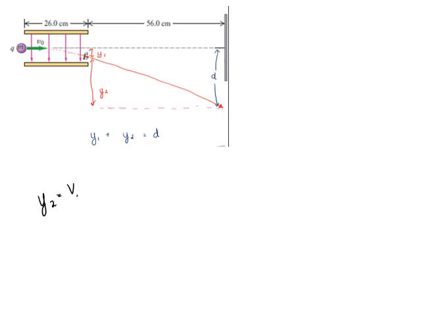Let's use a similar strategy now to find our y2. y2 equals v0y2, so our initial component of y velocity when it's in the second region, times t2 plus 1/2 times a2 times t2 squared. Right off the bat, a2 is equal to 0. We're told there's no field outside the capacitor, and we're also told to ignore gravity. That makes this entire term 0.